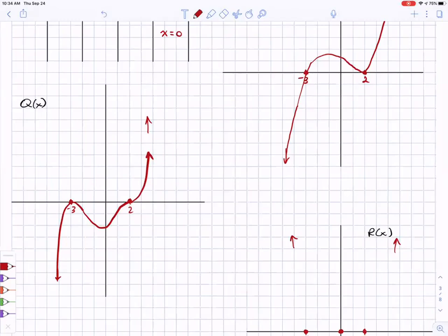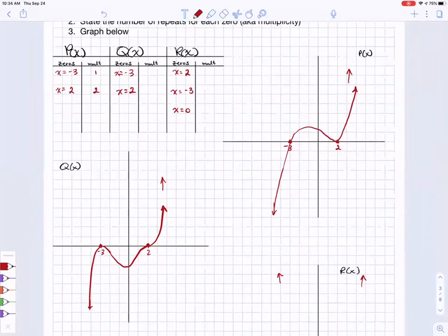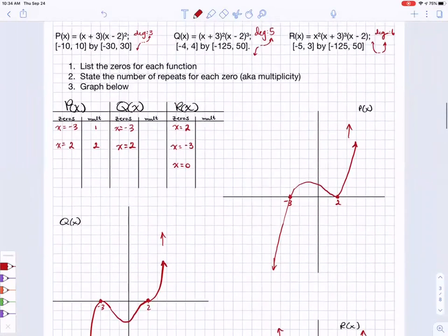Okay, so you guys can graph that then. With the multiplicities, Q group, what was the multiplicity of the first 0, x equals -3? A multiplicity of 2. How about the multiplicity for x equals 2? 3. Okay, we're going to come back and figure out what these multiplicities tell us about a graph.